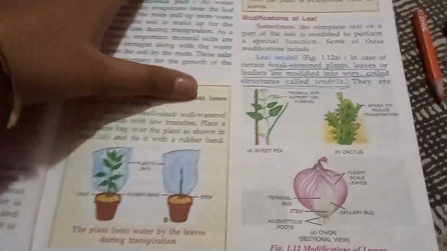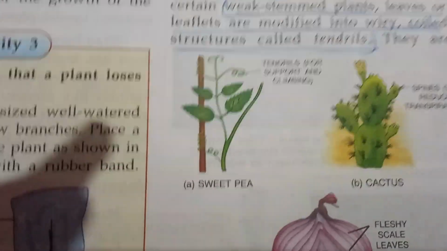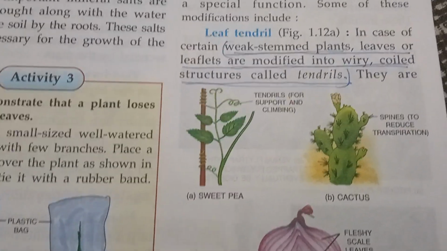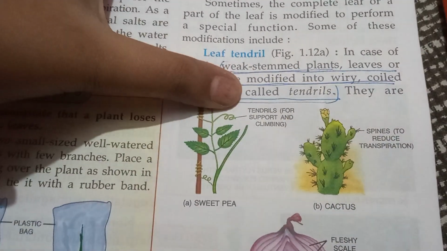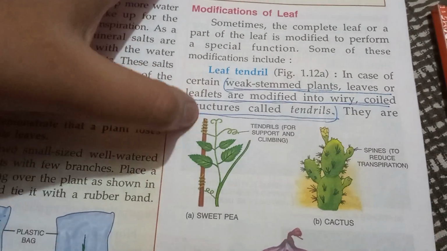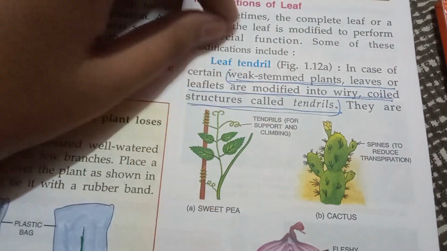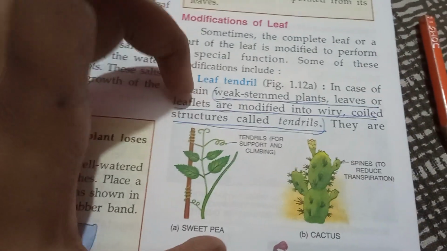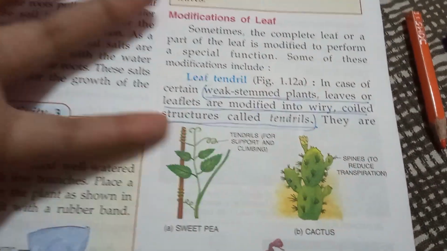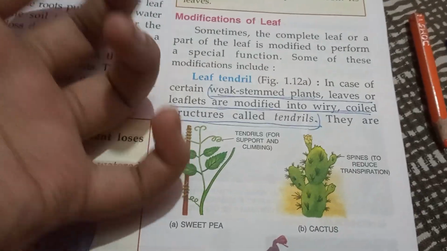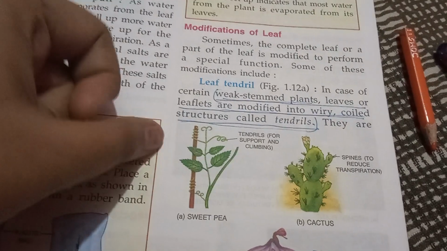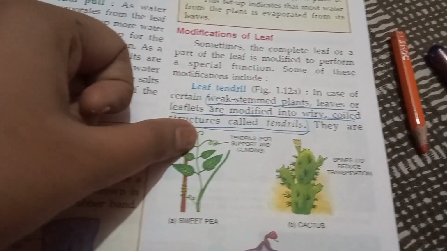Here you can see an example of a climber, sweet pea. Tendrils give support for climbing. Here you can see it is a tendril. It supports the plant, right? It can't stay on its own because in certain plants the roots and the stem are weak, so they take the help of tendrils.